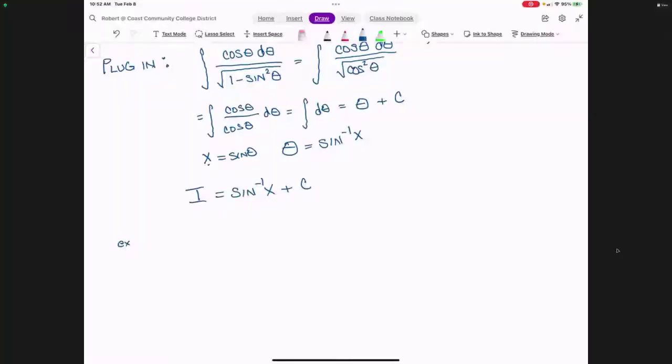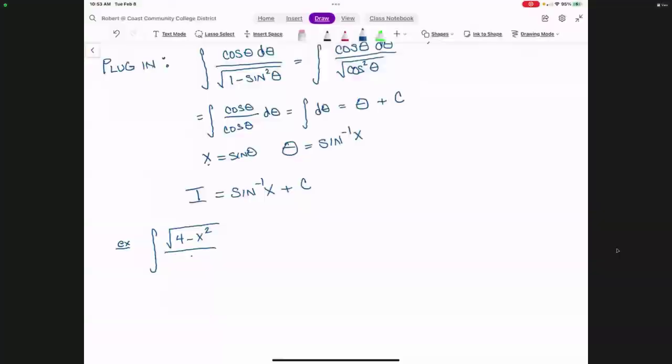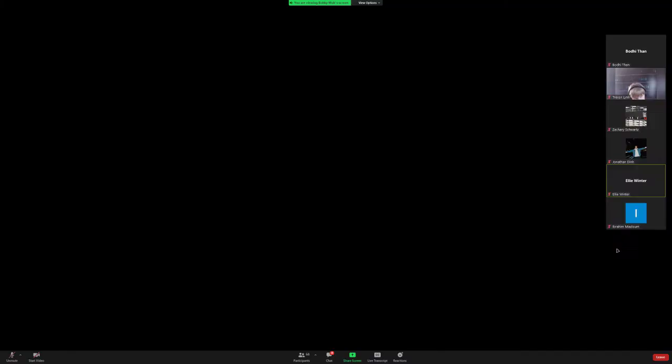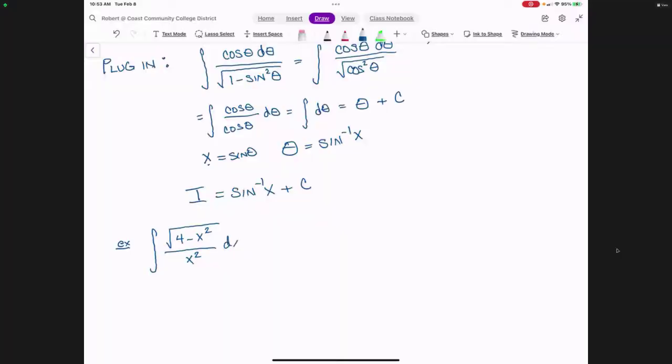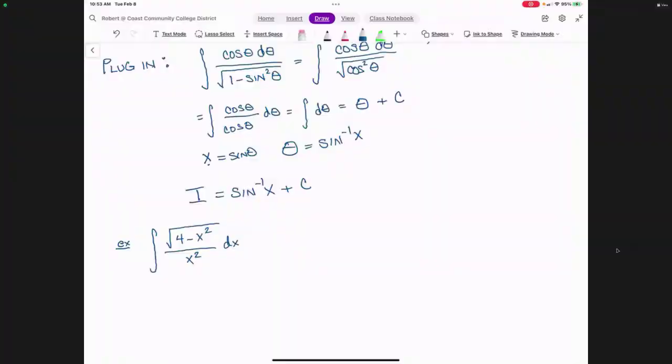Okay, so this kind of leads to a type of substitution technique that maybe if we had a problem like this, where, like that. All right, well, let's see here.